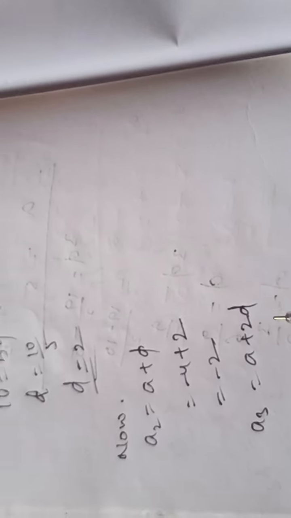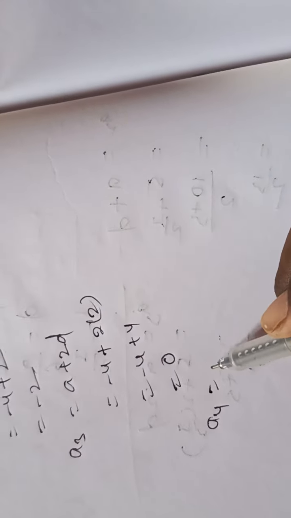a3 is equal to a plus 2d. a is -4, 2 into 2, -4 plus 4, that is 0. That is a3. a4 is equal to a plus 3d. -4 plus 3 into 2, -4 plus 6, that is plus 2.